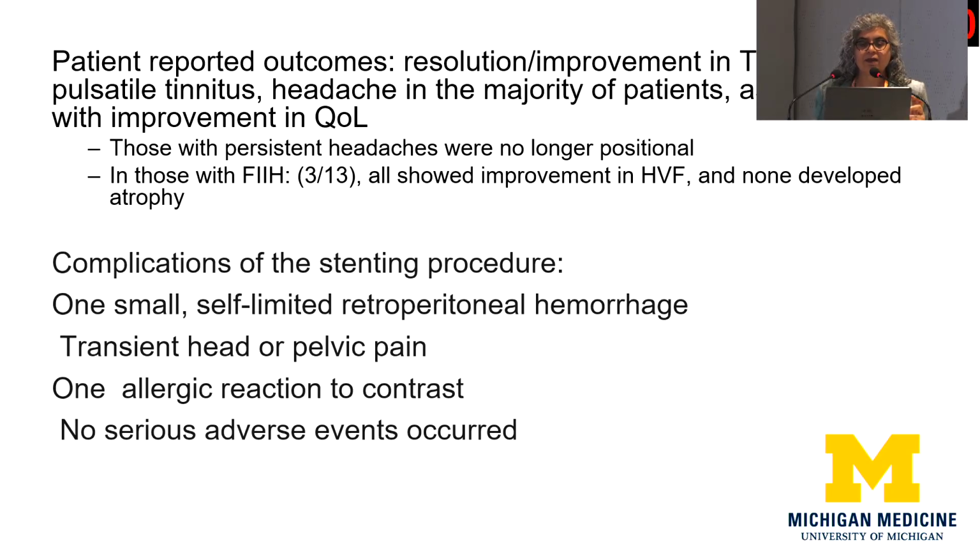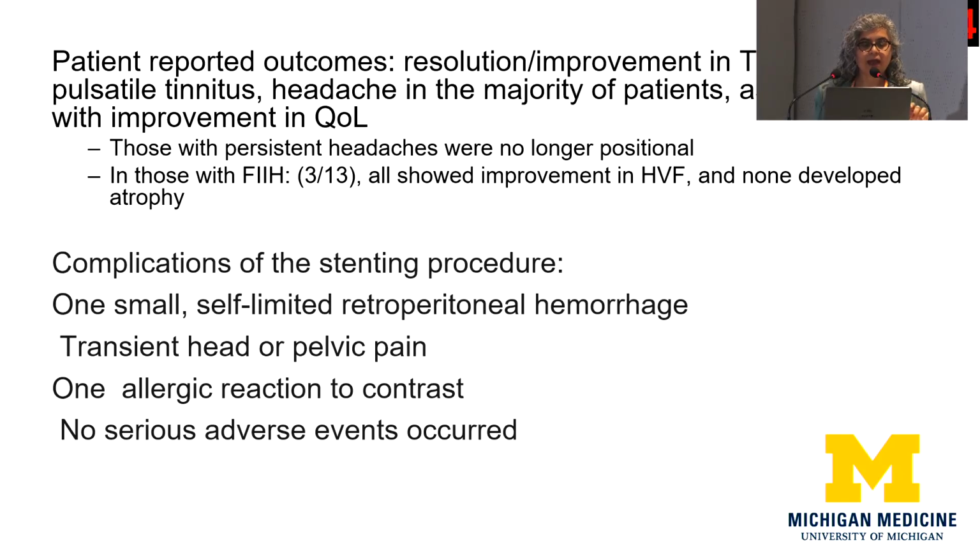But the elephant in the room is complications, right? You're putting a stent in the cerebral venous sinus. In this prospective study, they had no serious adverse events. They had one small self-limited retroperitoneal hemorrhage because of the angiogram and the catheter entered at the groin, transient head or pelvic pain, and one allergic reaction to contrast.